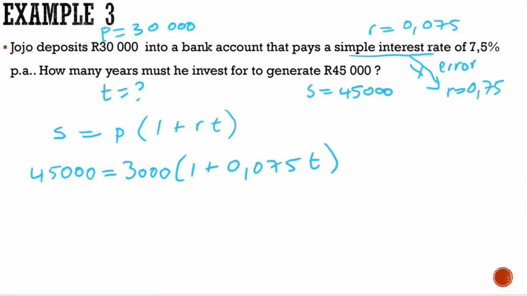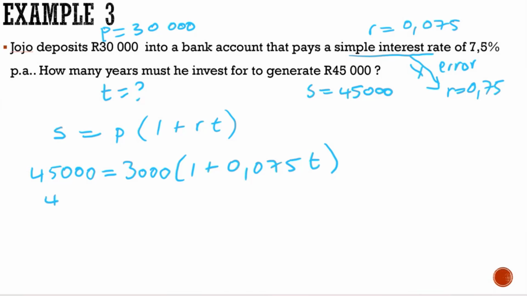You just substitute. Remember, one of the things that are problematic in mathematical reasoning or thinking is the substitution. So you divide both sides by 30,000.